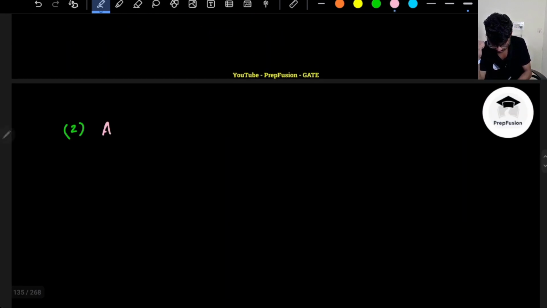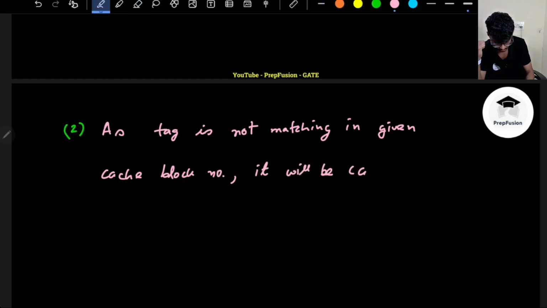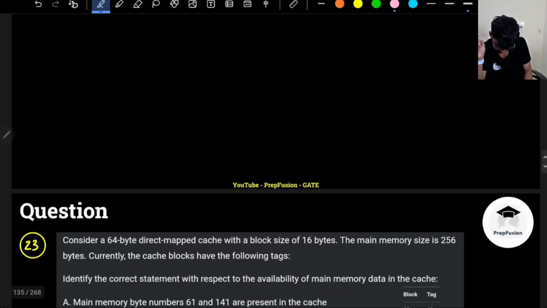As the tag is not matching in the given cache block number, it will be a cache miss. Okay, as the tag does not match, it will be a cache miss. So yeah, that is the case here.